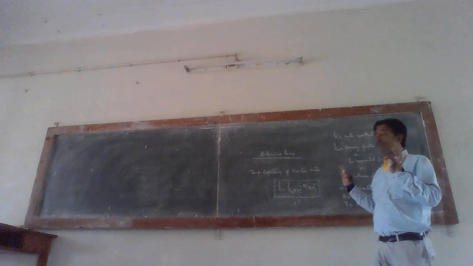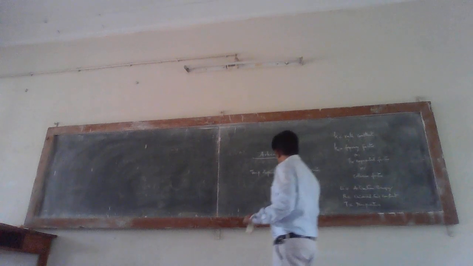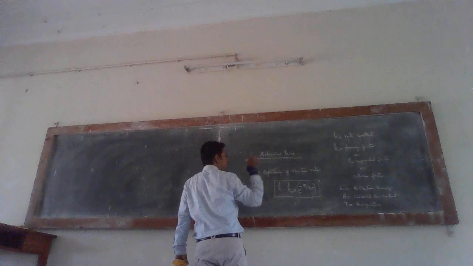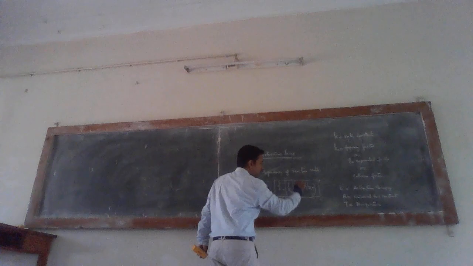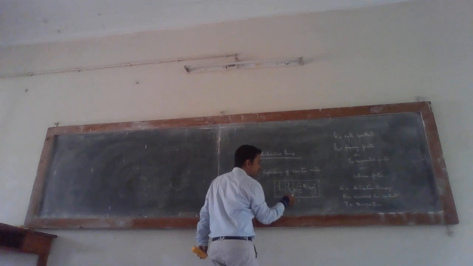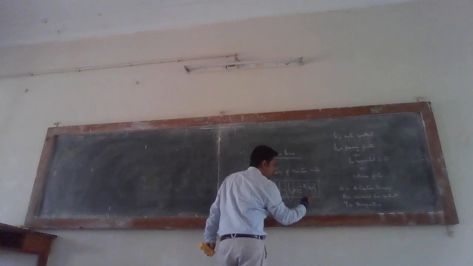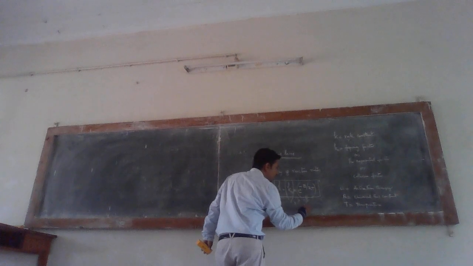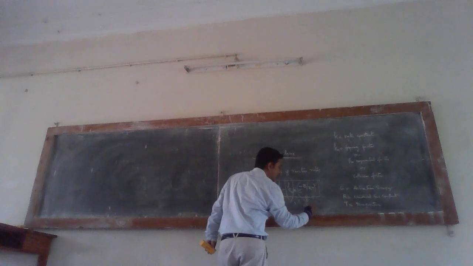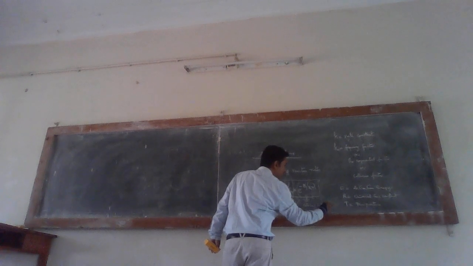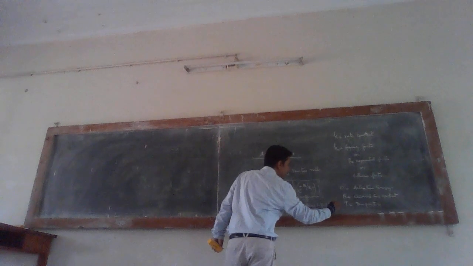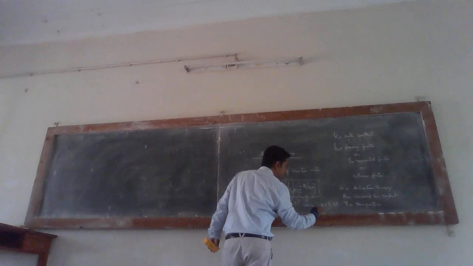Now what is the significance of this k naught? Let us understand. This temperature dependence term that Arrhenius proposed is actually a product of two terms: one is the exponential term, the other is the pre-exponential term. The exponential term tells about the fraction of collisions sufficient to have the kinetic energy for the reaction to start.